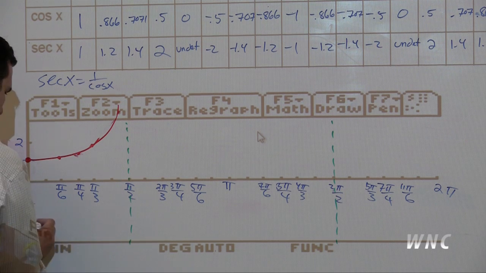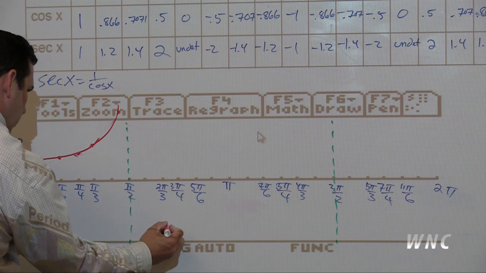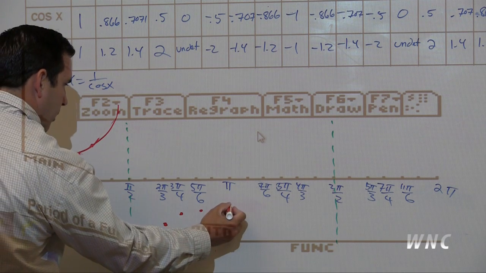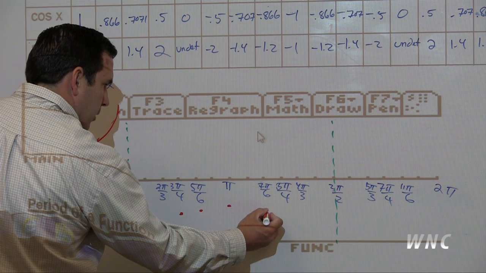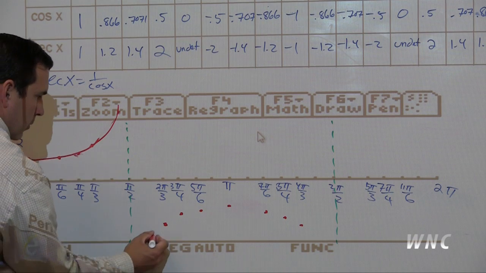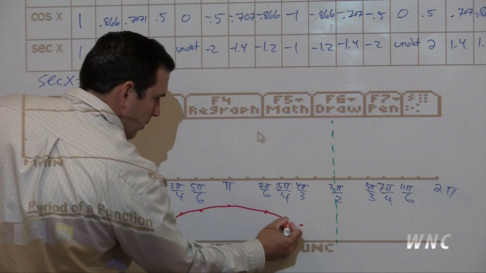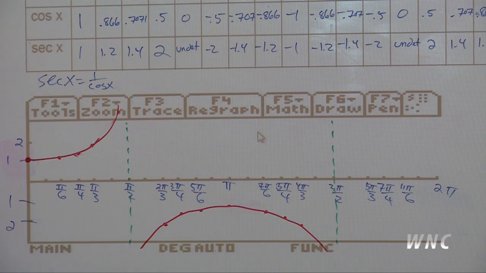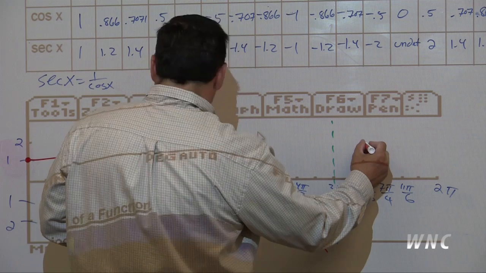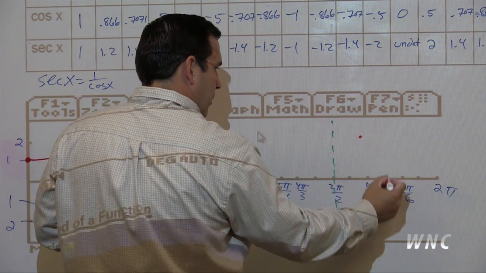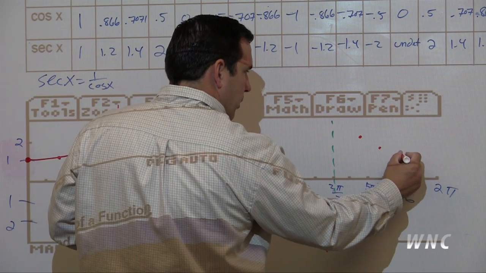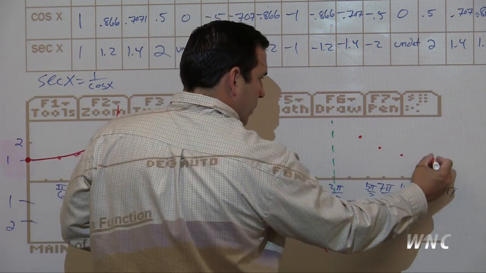Then we're at -2, -1.4, -1.2, -1, -1.2, -1.4, -2. And then we're at, no, +2, +1.4, +1.2, and +1.